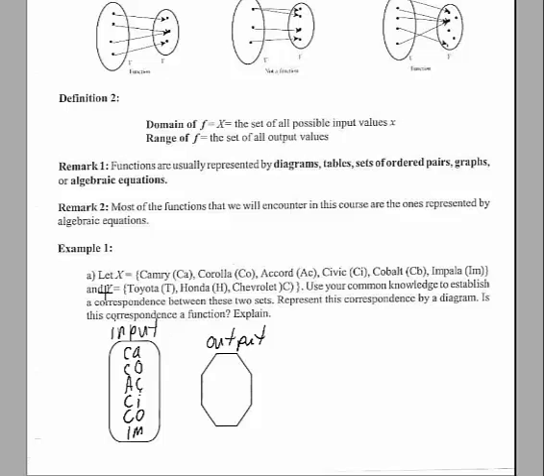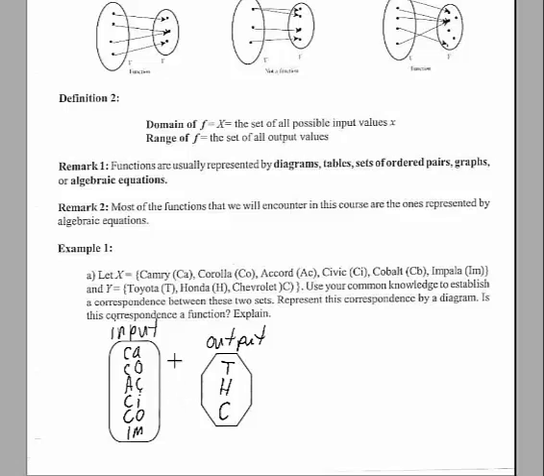Our second set, Y, our output, would be the makes of the cars: Toyota, T; Honda, H; and Chevy, C. Directions say use your common knowledge to establish a correspondence.